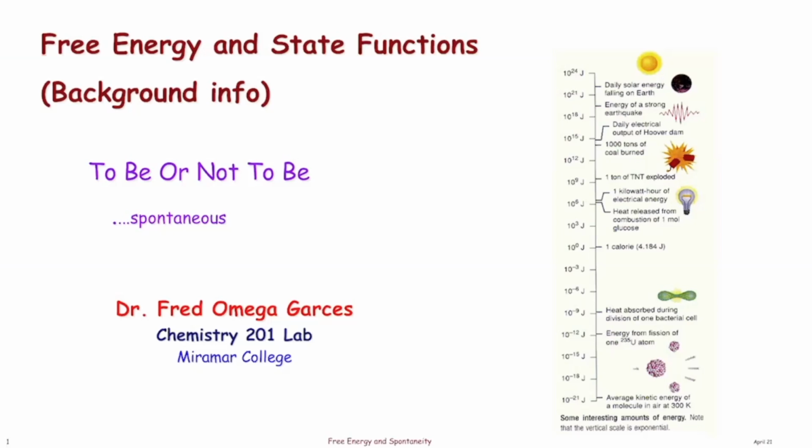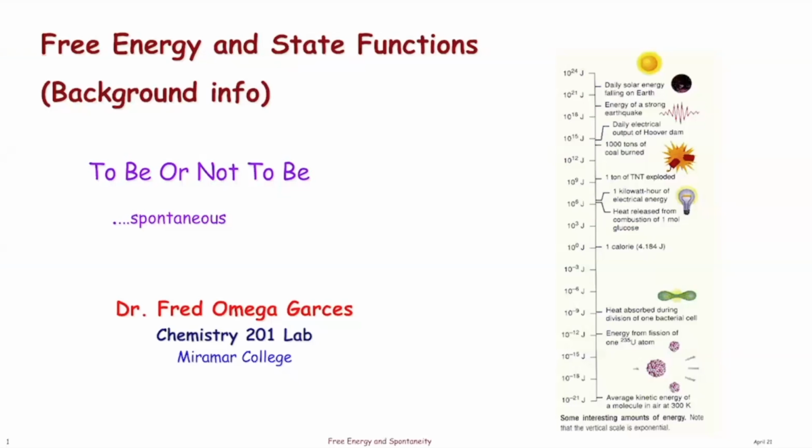When you think about thermodynamics, the ultimate question thermodynamics tries to address is whether the reaction or process will occur. So the question, to be or not to be: is it spontaneous or not spontaneous? Spontaneous meaning that it'll just go as is depending on the conditions you have.